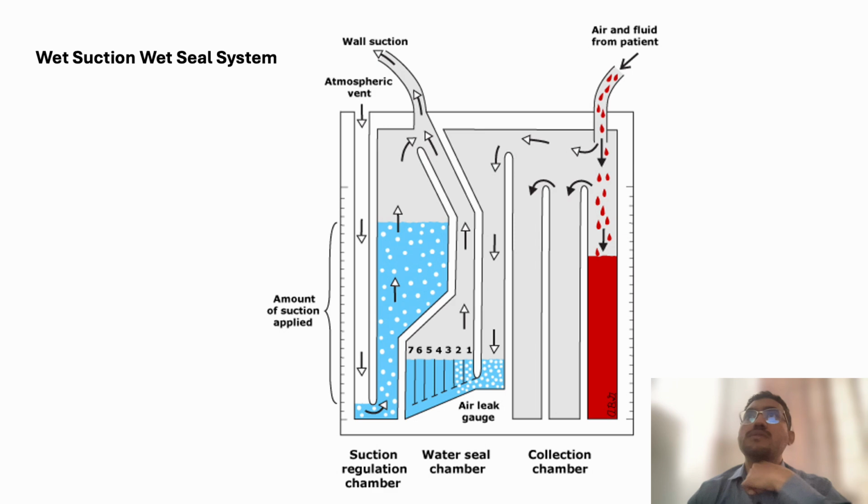Here the suction regulation is done by the wet system, by the column of water. An atmospheric vent is also required, and a wall suction goes here, which pulls the air, which pulls the water column upward, and the amount of the water column that is higher than the atmospheric vent is the negative pressure that is being applied to the chest.